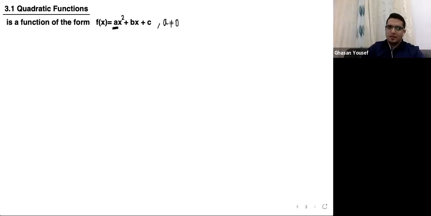Now in the beginning of this section, we should know how we can graph any quadratic function. Today we're going to learn how we can graph any quadratic function.